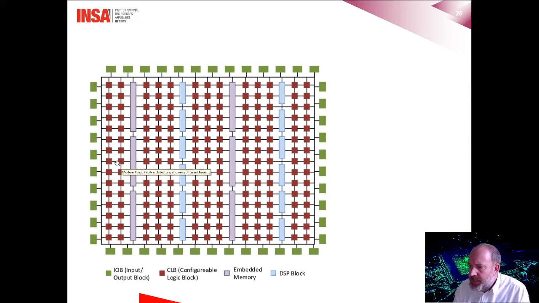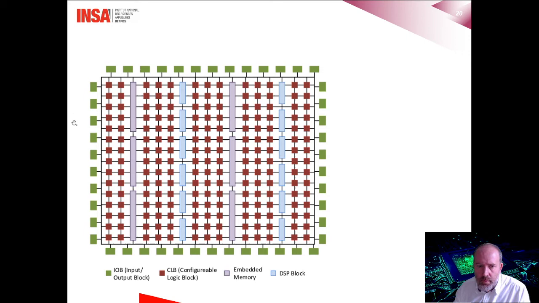There are also specific DSP blocks, here in blue, that make it possible to execute complex signal processing functions. These blocks are often built on multipliers and perform operations such as filtering or transforms like FFT, for example, which are very demanding in terms of logic resources.